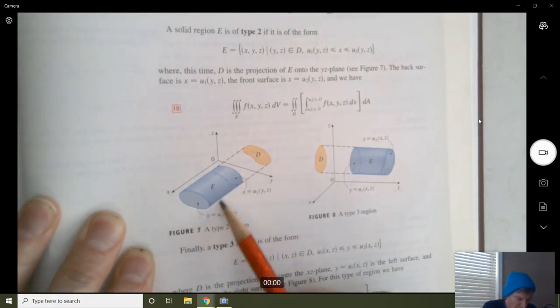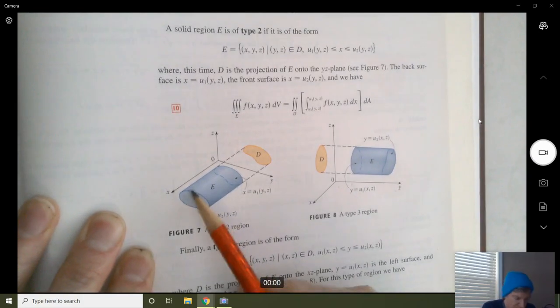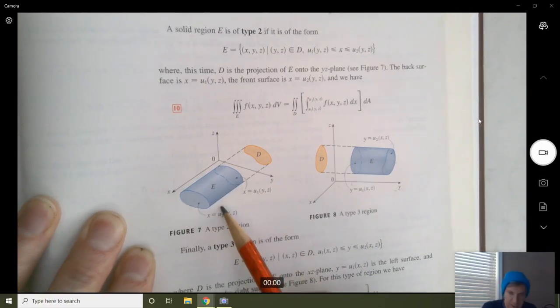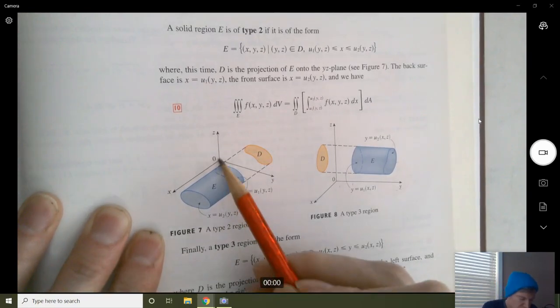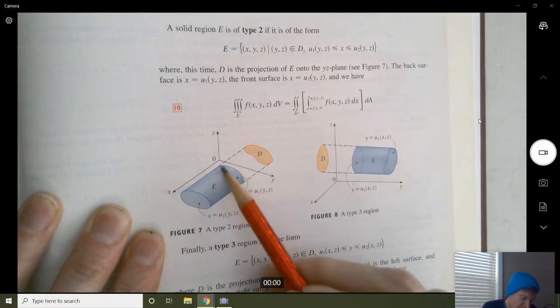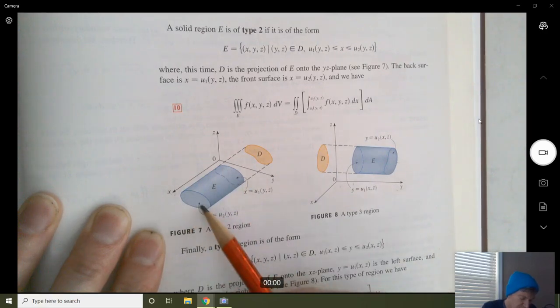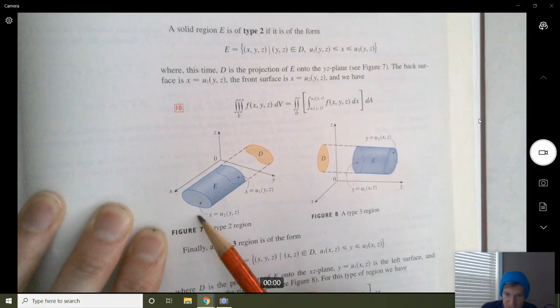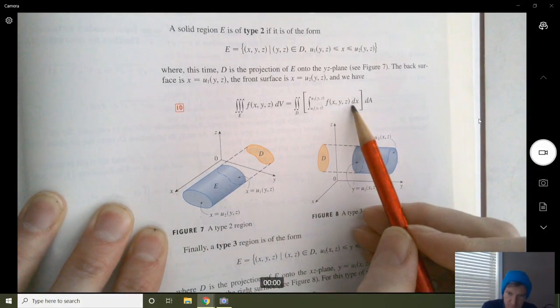You do the under part of this like muffler type of shape up to the top. It's going to be kind of a pain in the neck, and then project that down to the xy plane. It looks like it'd be easiest to do this direction first, from this surface back here up to this surface. So this right here, which is u1 of yz, that's your x value, to this x. So it makes sense to do the dx first, okay?